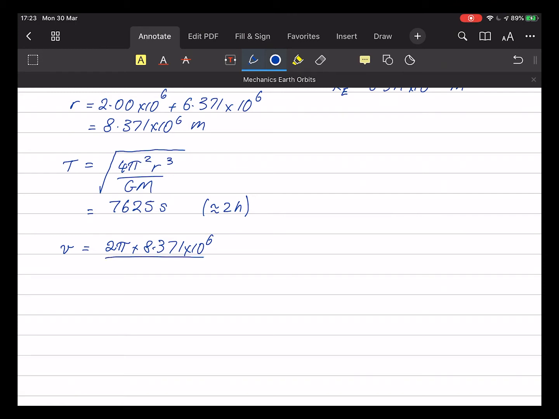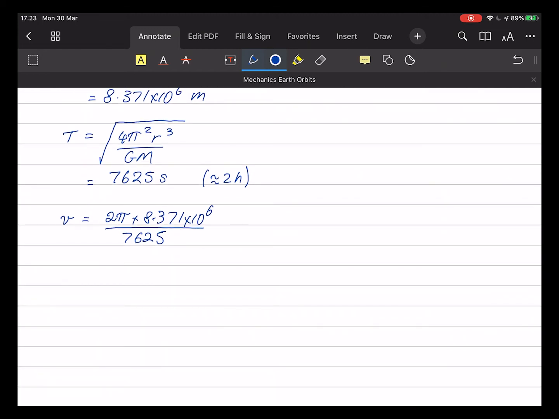Over, so distance on time, so 7625. So the distance around the outside of the circle divided by how long it takes to get around. And that comes out to be 6898 meters per second.